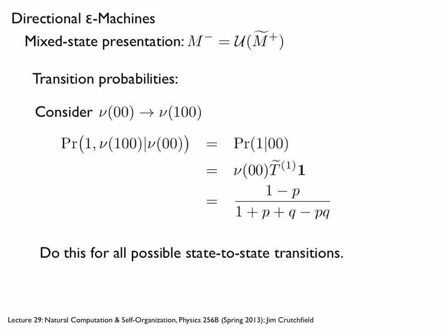Okay, so then we go through and calculate the transition probabilities. Sort of running out of time here. Right, we want to know if I've seen 0, 0, and I go to see word 1, 0, 0, how the mixed states get updated. The mixed state resource notes give the expression for the transition probability to go from one mixed state to another.